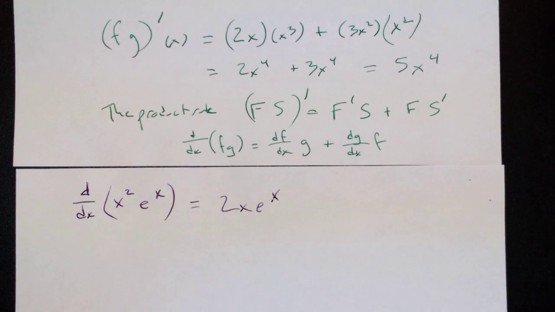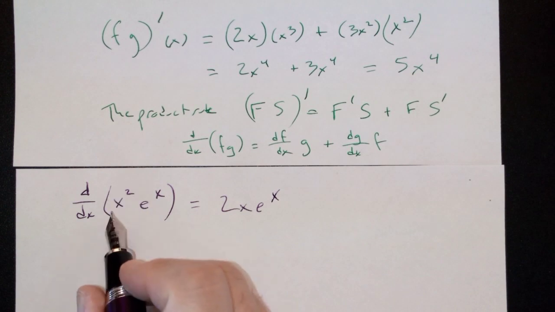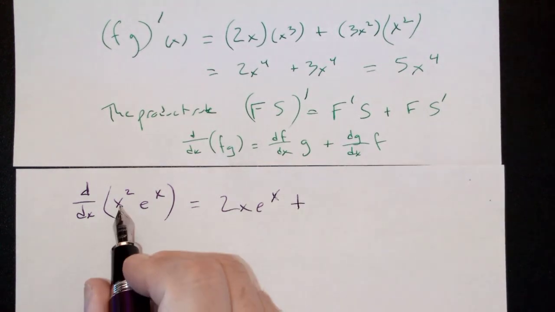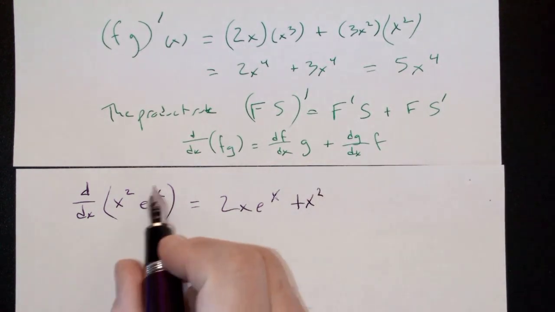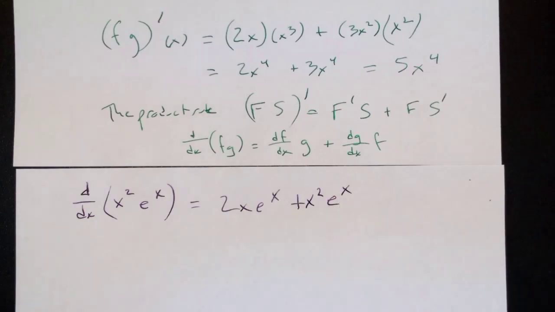But wait, there's more, because that just took the derivative of the x squared. Then I have to take the x squared and leave it alone and take the derivative of e to the x, which fortunately for us is just e to the x. But I have to take the derivative of each function in turn.